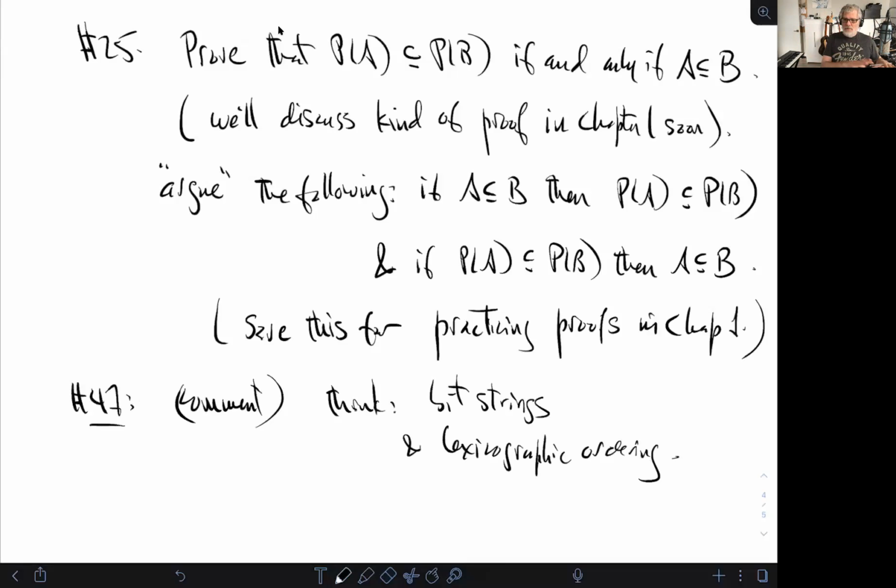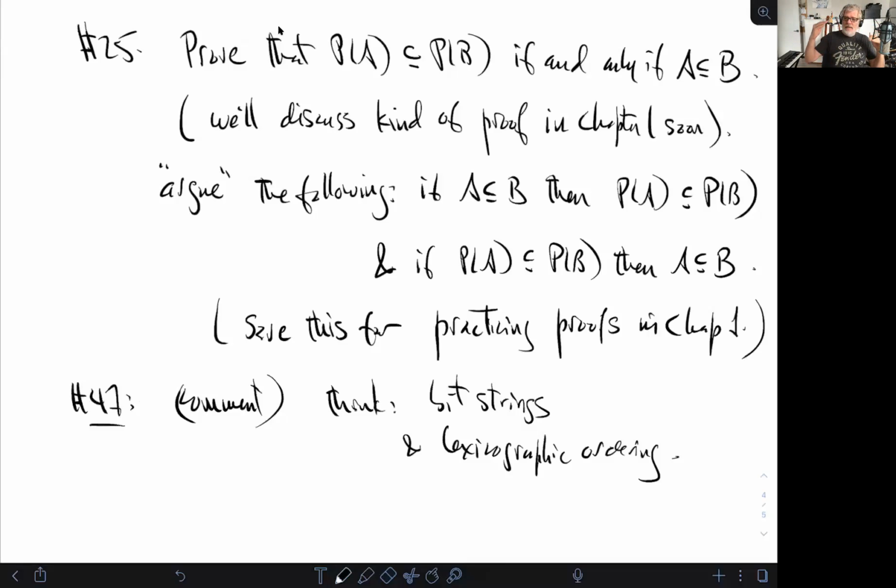Okay, so I've talked about these two things separately. When I argued that the number of subsets of a set with n elements is 2 to the power n, one of the arguments used bit strings, where all the subsets are seen as bit strings of length n.